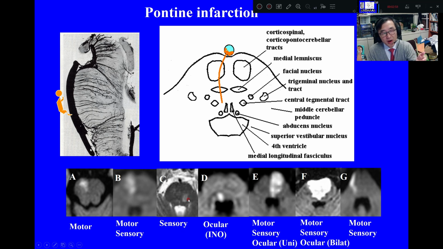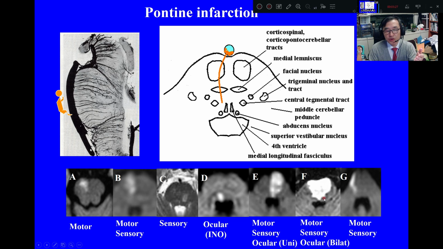If the lesion is located far dorsally here, it may involve the MLF, medial longitudinal fasciculus, leading to internuclear ophthalmoplegia, sometimes isolated internuclear ophthalmoplegia. If a relatively large lesion involves the ventral to dorsal part of the pons as a whole, then it will lead to motor, sensory, and oculomotor dysfunction, but in a unilateral manner.